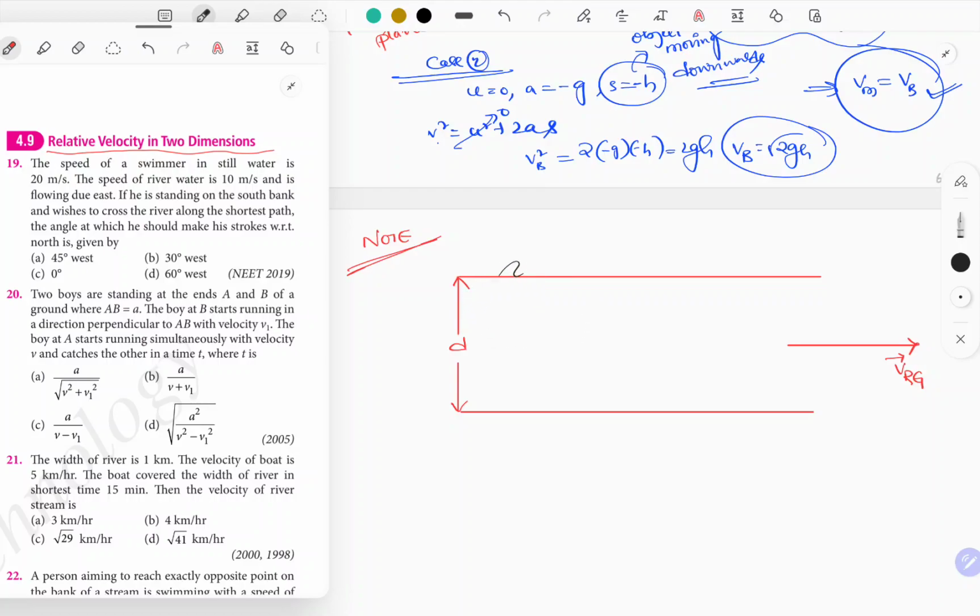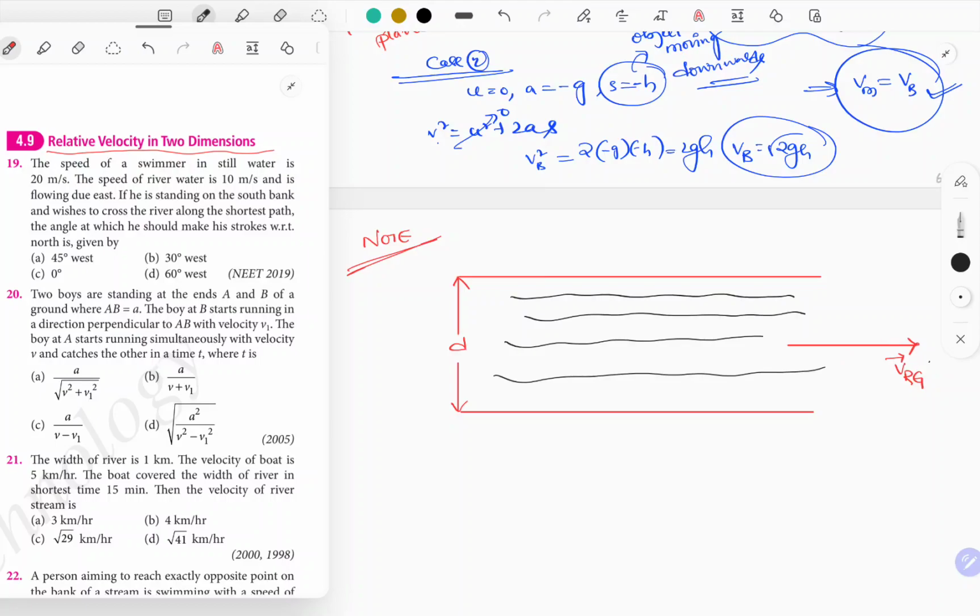Now in this case, this is actually a river. The river is flowing in this direction. I represented the velocity of the river flow. This is called the velocity of the river with respect to ground. Ground is the reference here. And I have given the width of the river.